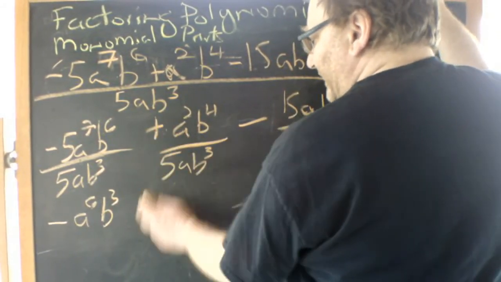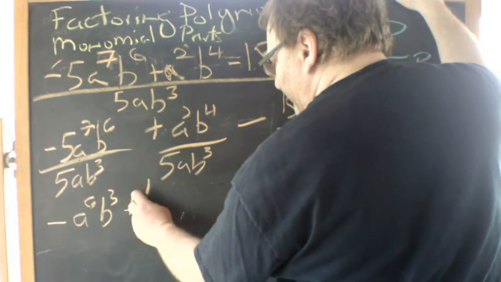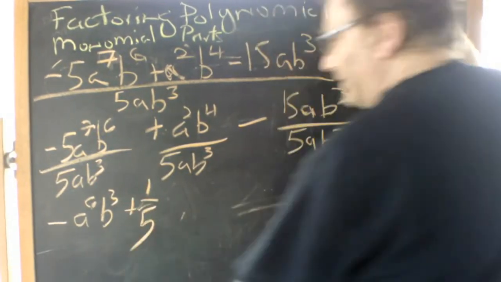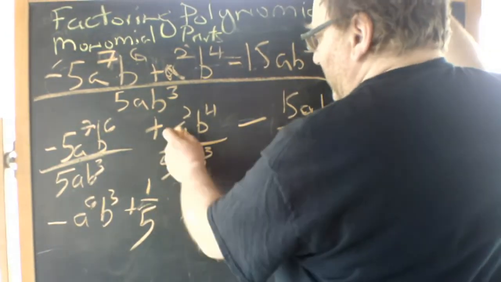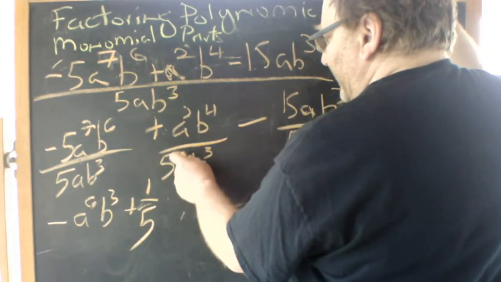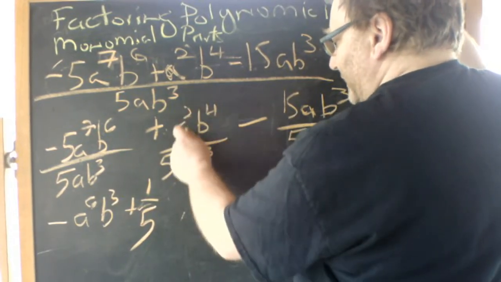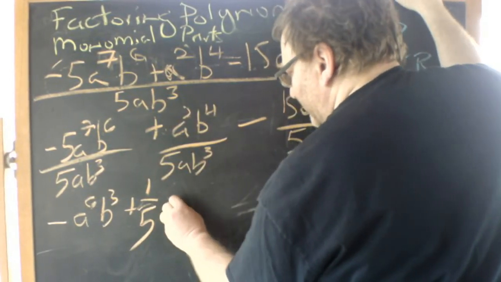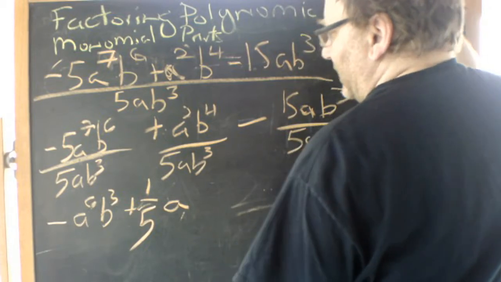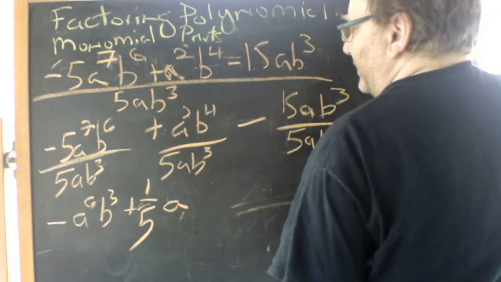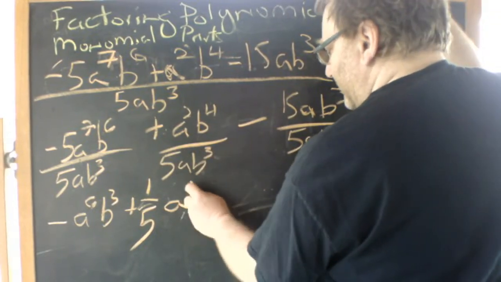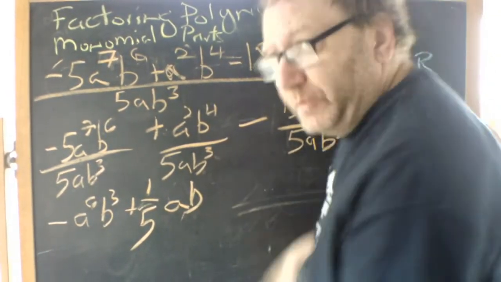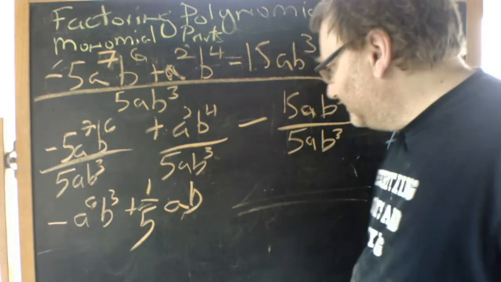So 1 divided by 5 is 1/5. So we'll just write the 1/5 out in front. A squared divided by a to the 1st, 2 minus 1 is 1. Nice, a. B to the 4th divided by b cubed, 4 minus 3, b to the 1st. We don't write our 1s. You can if you want.